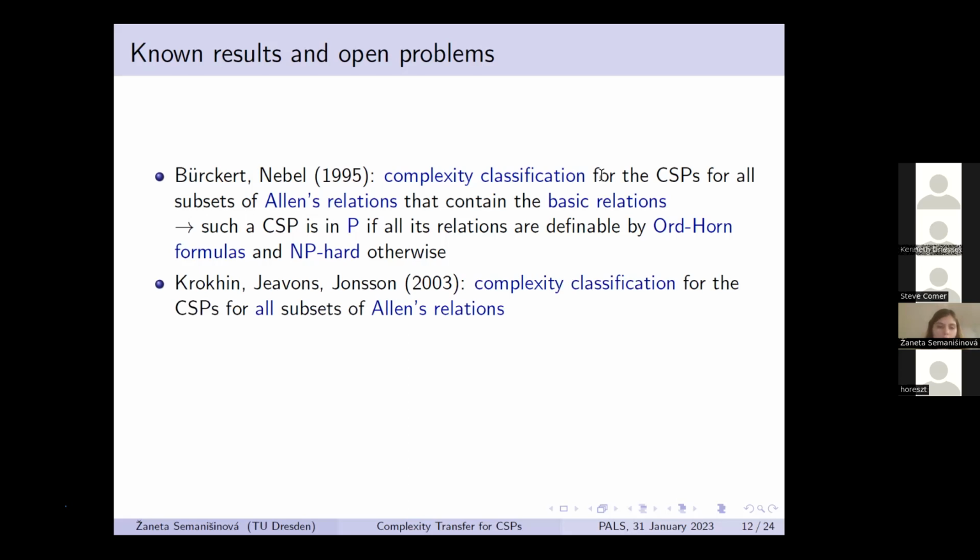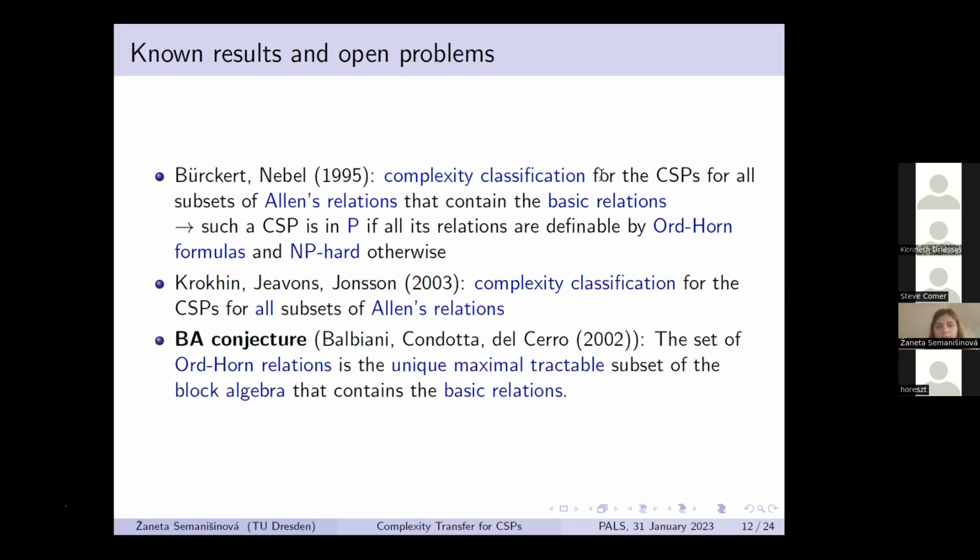Yeah, and so naturally one then moves to block algebras. In a paper from 2002, Balbiani, Condotta, and Del Cerro again conjectured that Ord-Horn relations, in the sense of those that are definable by such formulas, are the unique maximal tractable subset of the relations of block algebra that contains the basic relations.